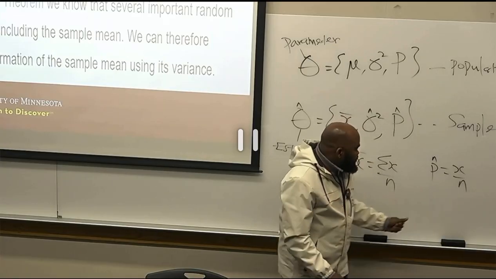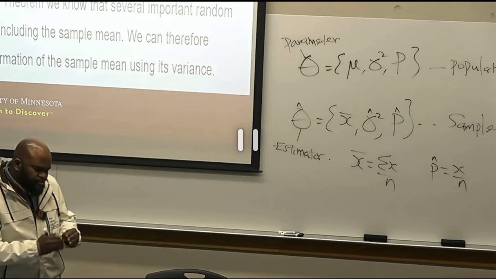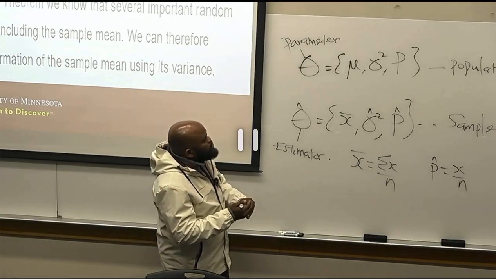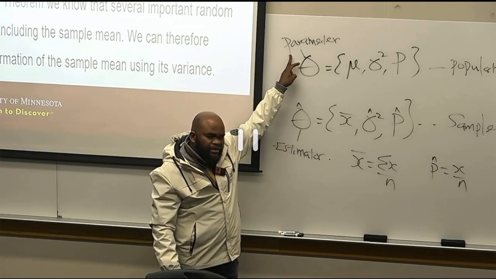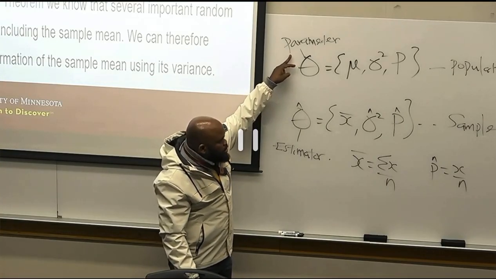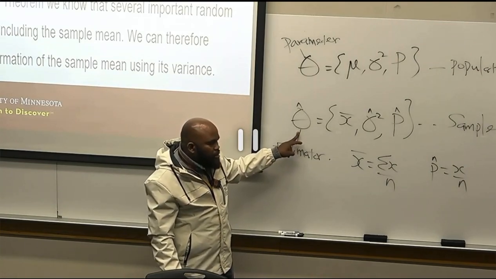Now there's something I actually want you to see. We can't get the parameter directly. To get the parameter directly, we need the whole population. When we take a sample, we're going to use an estimator.